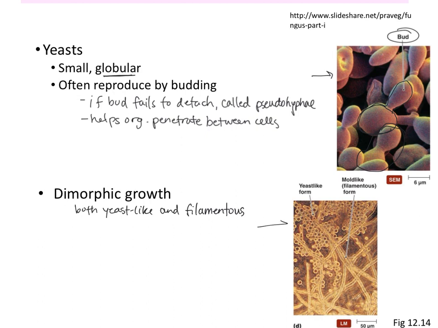So here's an example of, this is actually Candida, one of the most common kinds of, I guess you'd call it a yeast more often, but it can form both a yeast-like form and a filamentous form. Typically it's going to do one or the other, and typically which form it takes is going to be dependent on temperature.